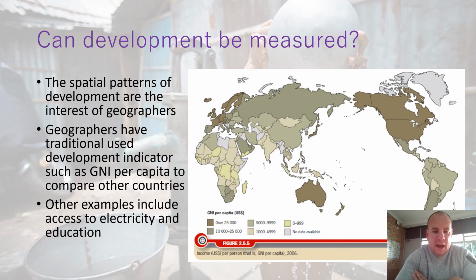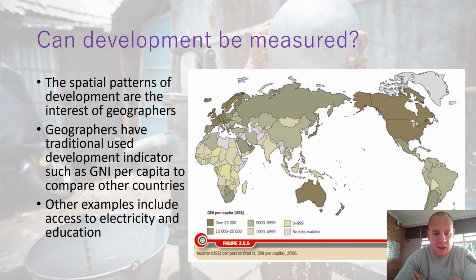Now, if we can measure development, the patterns are very, very important. That's why, in the last two slides, we've looked at those different maps and cartograms. The patterns are very, very important. And like I've said before, we've used traditional development indicators such as GNI per capita to compare countries.